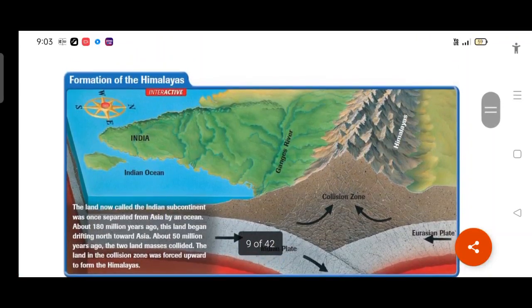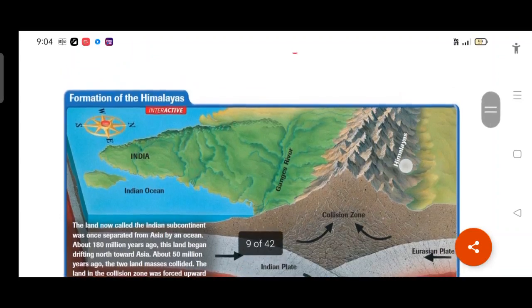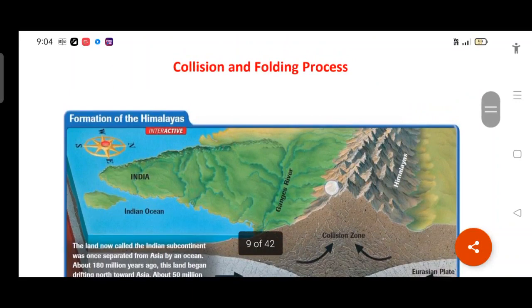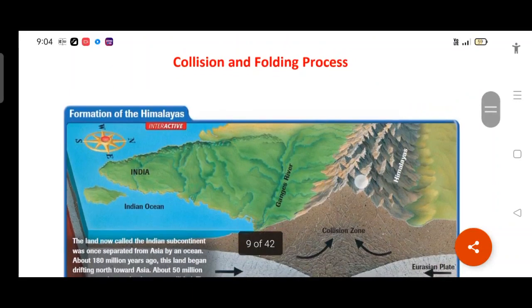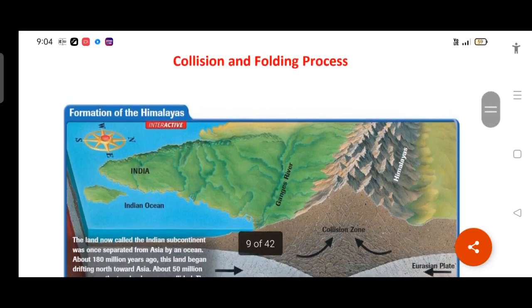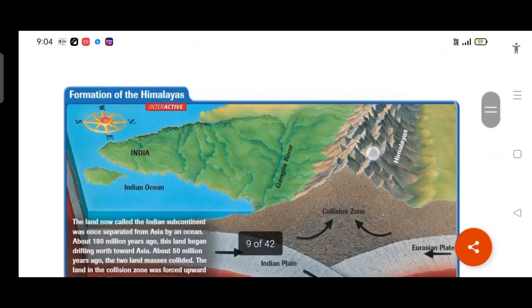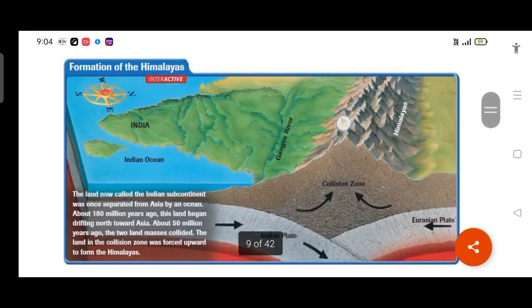That's why today the Himalayan mountains are called folding mountains. In this way, the Himalayan mountains originated.